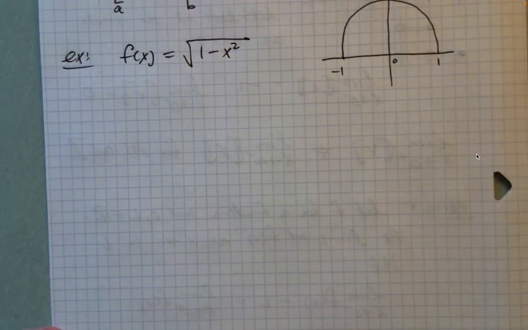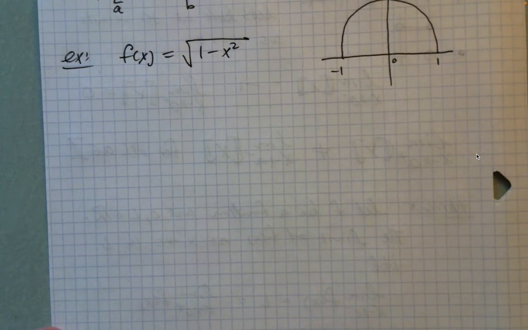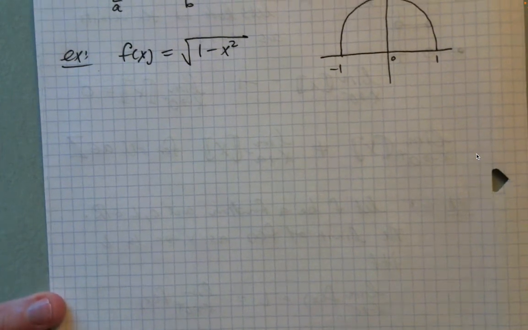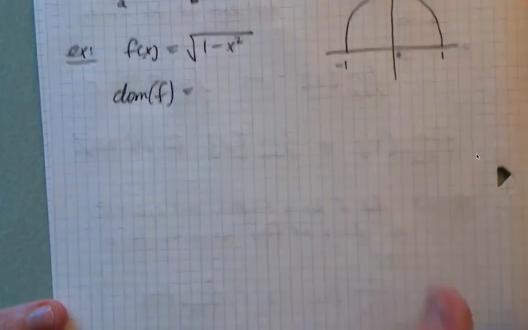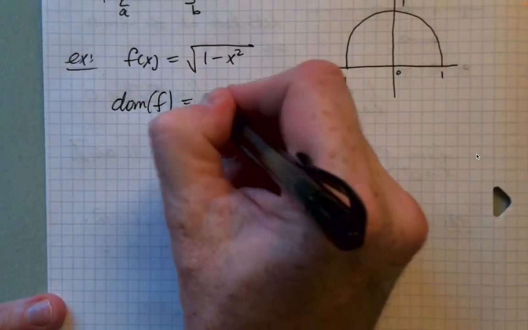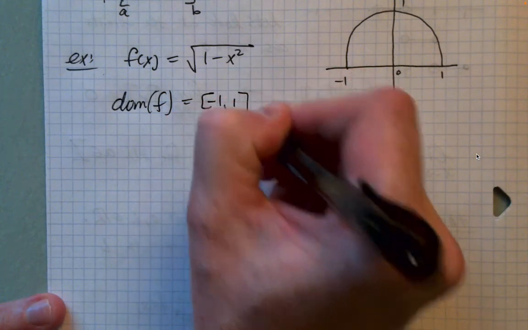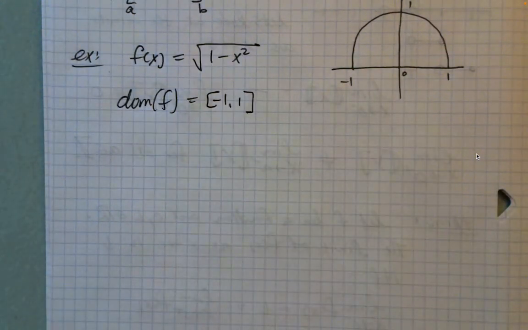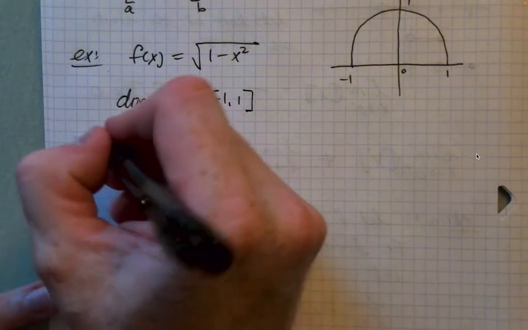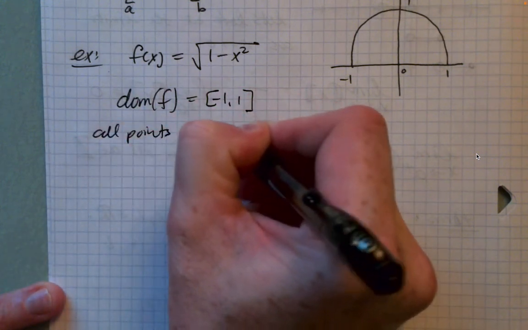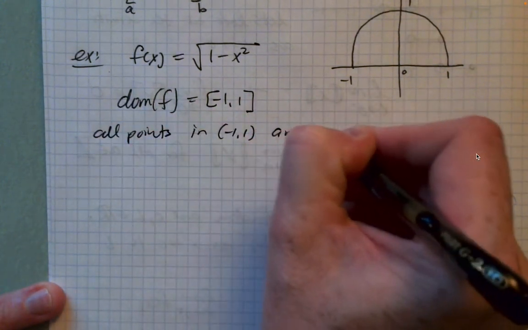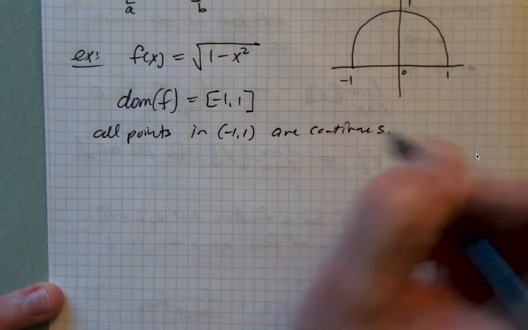So this function has a domain, as we said previously. The domain of f is equal to the interval [-1, 1]. Okay. And obviously, just by looking at this, all points in the open interval from -1 to 1 are continuous. Right? There's no problem here.